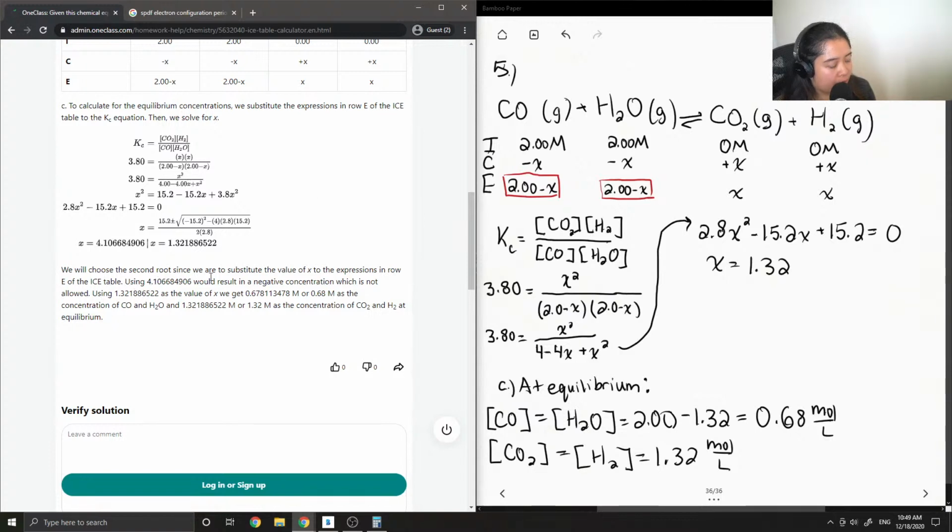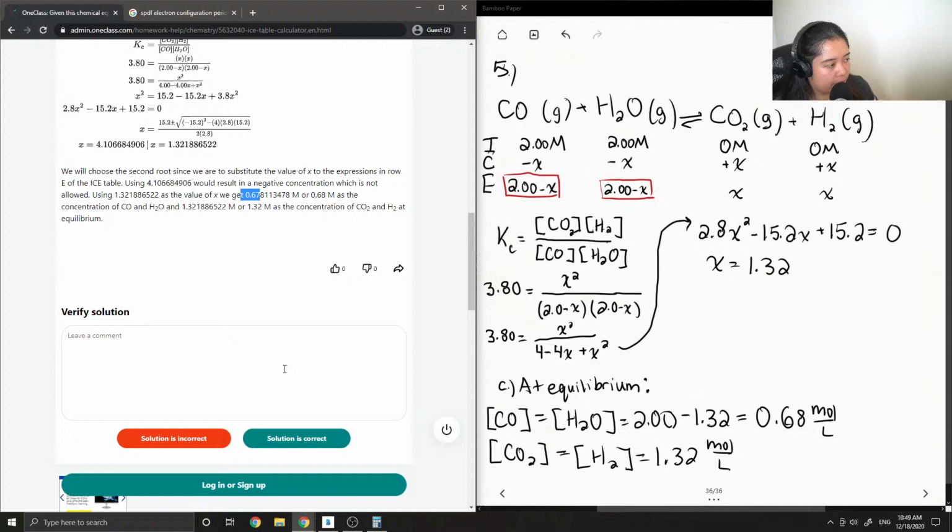Using 4.1 would result in a negative concentration, which is not allowed. Using the 1.32 as the value of x, we get 0.67 molar as the concentration of carbon monoxide and water, and 1.32 molar as the concentration of CO2 and H2 at equilibrium. Yep, so this solution is correct.